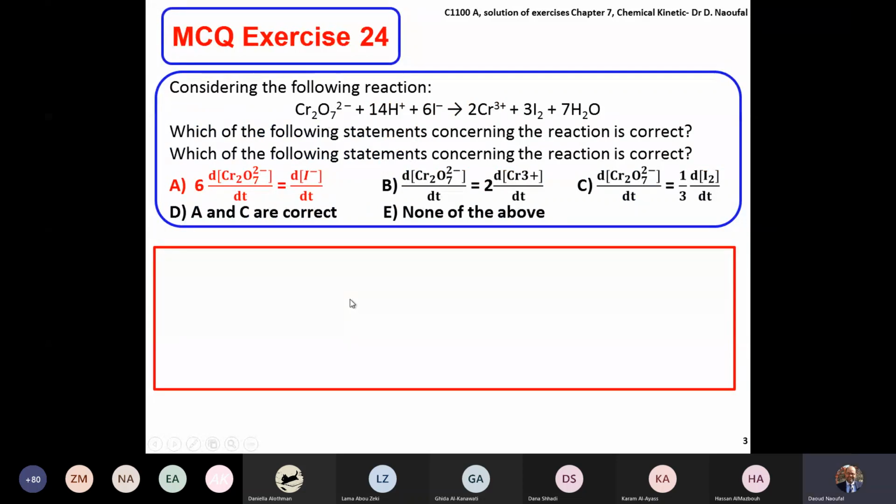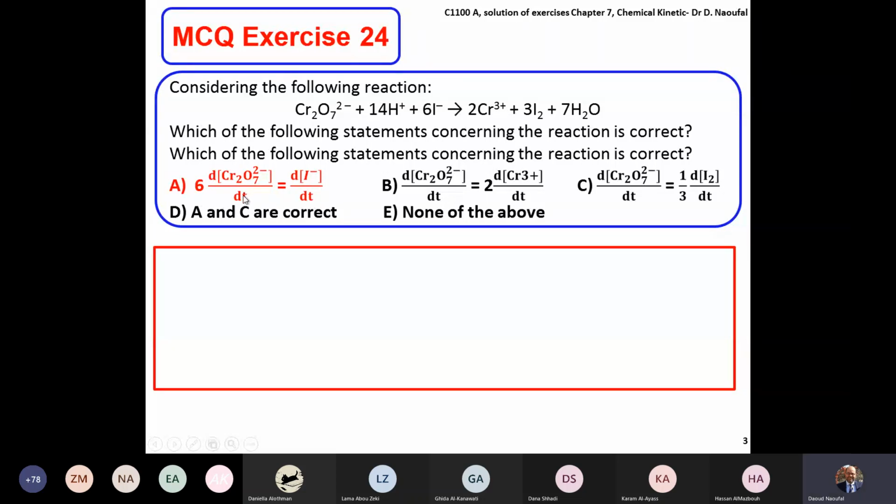MCQ exercise 24. Consider the following reaction: dichromate, H plus, iodide to give chromium, iodine, and water. Which of the following statements concerning the reaction is correct? In the proposals A, B, C, and D, we have relations between the rate of disappearance and the rate of formation.